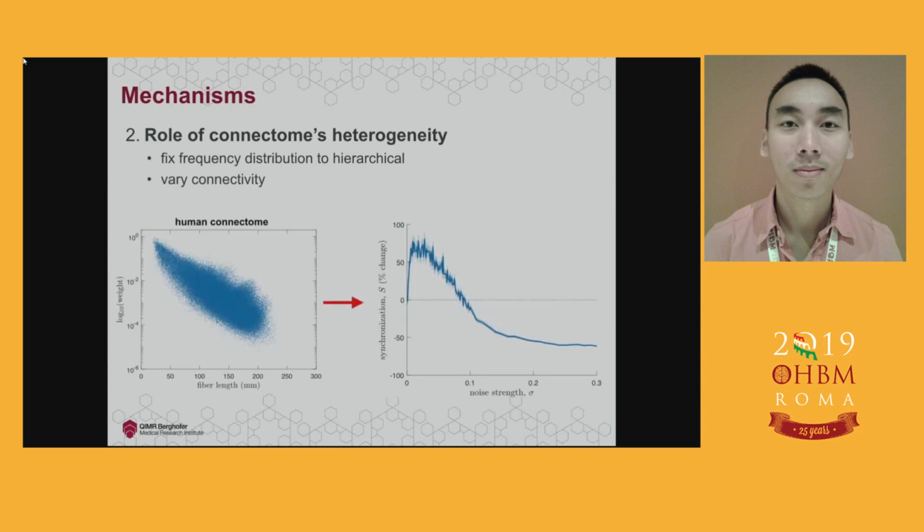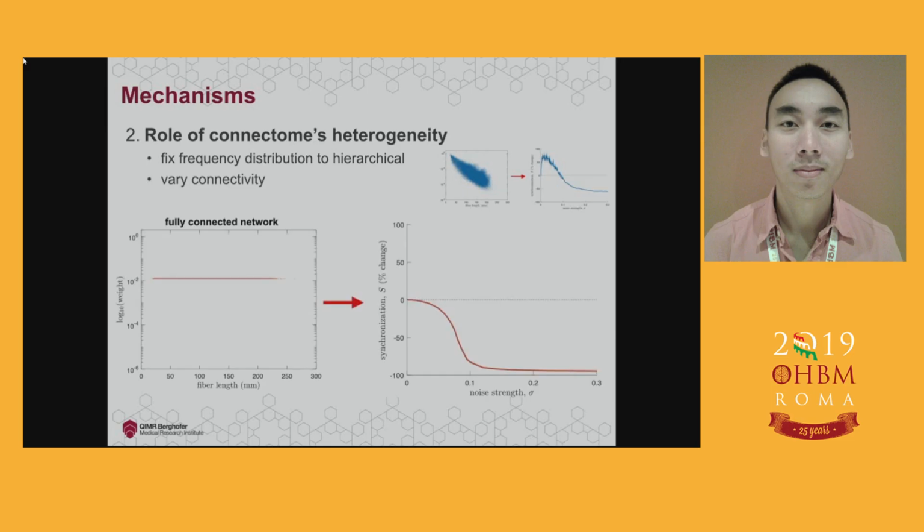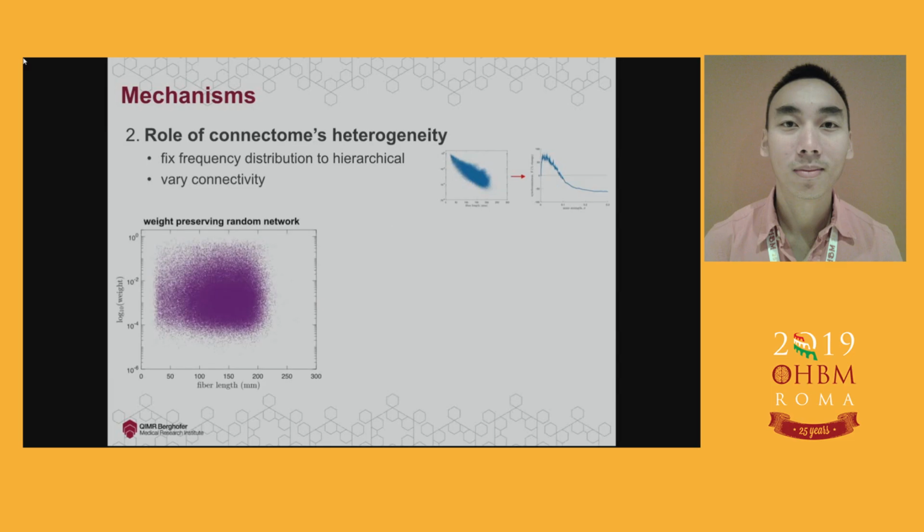We also look at the effect of the global network. Let's destroy the network connectivity. First, we fix the connectivity so it's not moving. There you go, a fully connected one. And again, the effect disappears. If we randomize the network while preserving the weights of each node, again, it disappears.